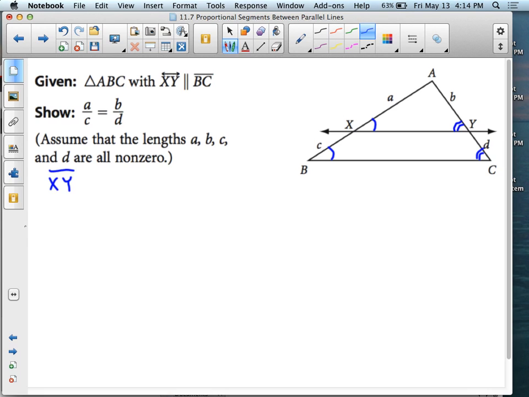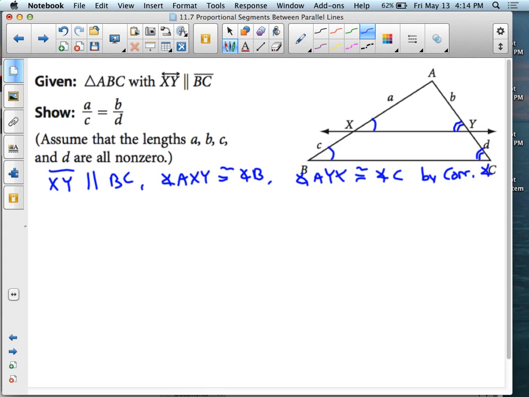Since XY is parallel to BC, I have angle AXY congruent to angle B, angle AYX congruent to angle C, by the corresponding angle conjecture. So that tells me that my two triangles, AXY is similar to ABC by angle.